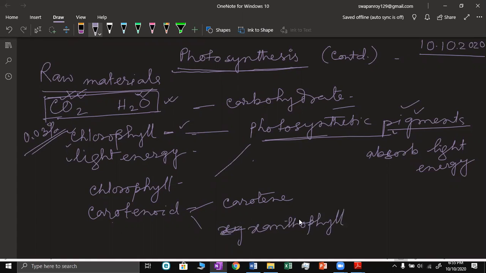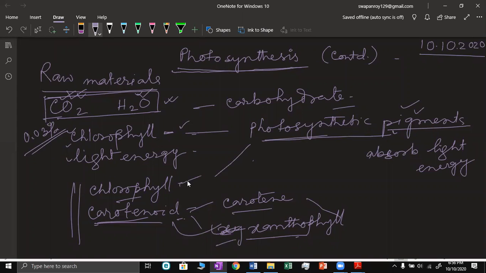In your book it is written carotenoids and xanthophyll, but carotenoid means carotene and xanthophyll. Anyway, you have to follow this book. So chlorophyll, carotenoid, and xanthophyll are the photosynthetic pigments.